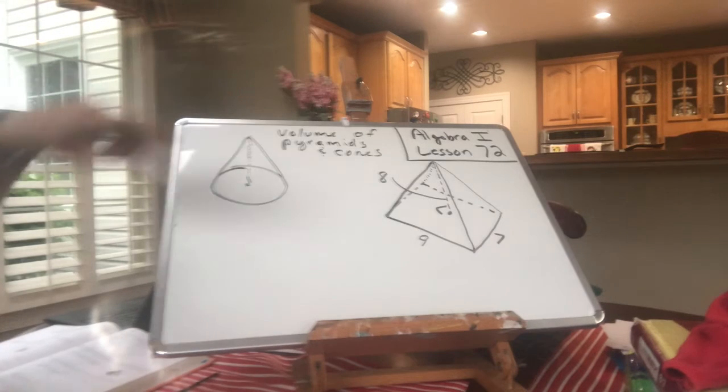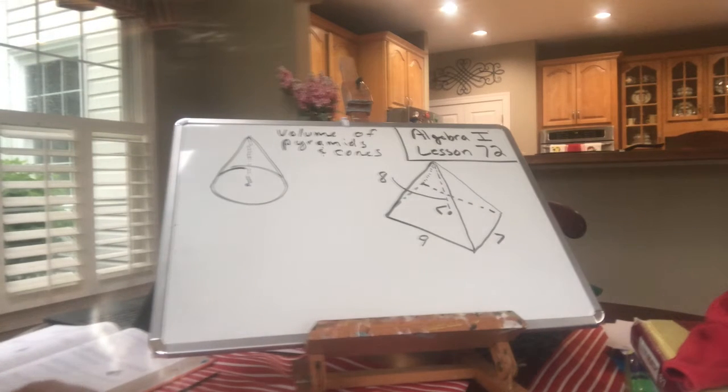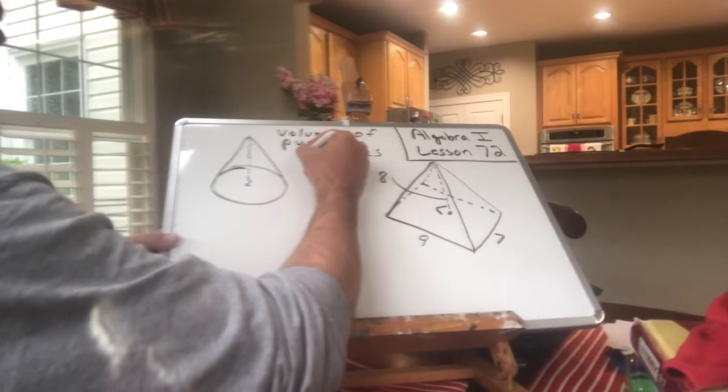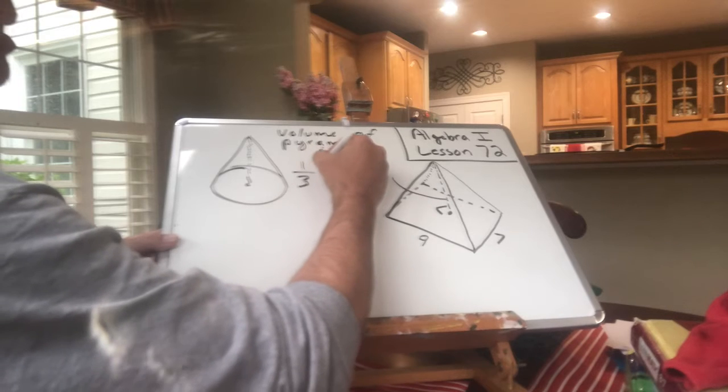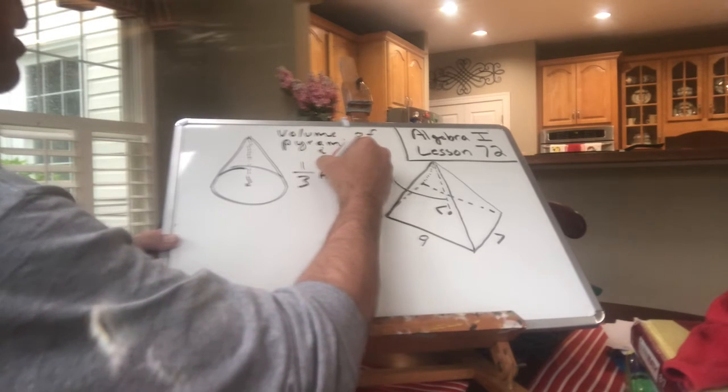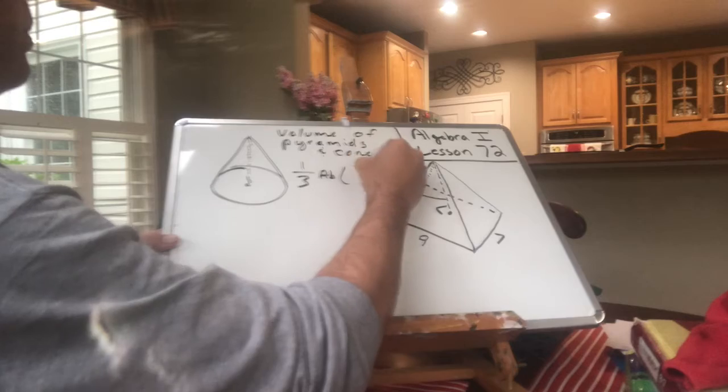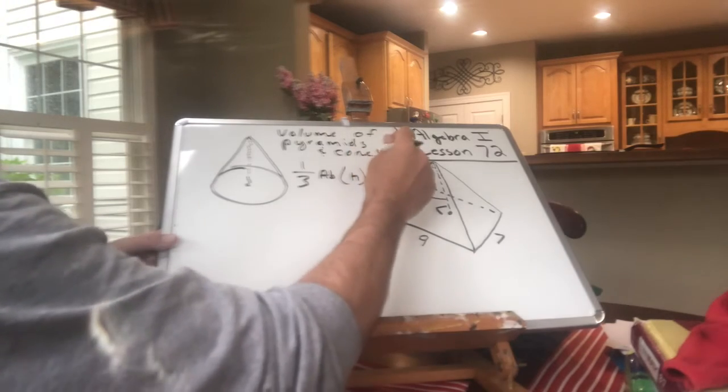Volume of pyramids and cones equals 1/3 of whatever the area of the base is times the height, right? 1/3 the area of the base times the height, okay?